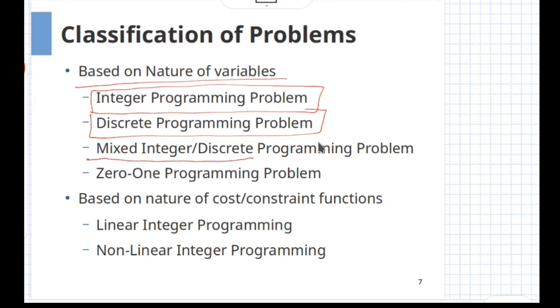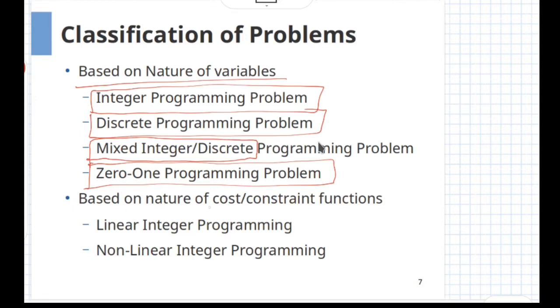You can have mixed integer or mixed discrete programming problems, where some variables are real valued and some are integer, and you have 0-1 programming problems like the assignment problem where the variable can take value either 0 or 1. Each of these has specific methods which have evolved to obtain efficient solutions to these problems.